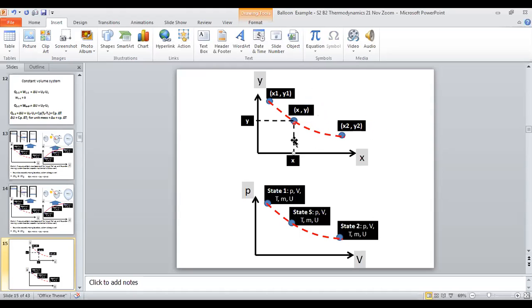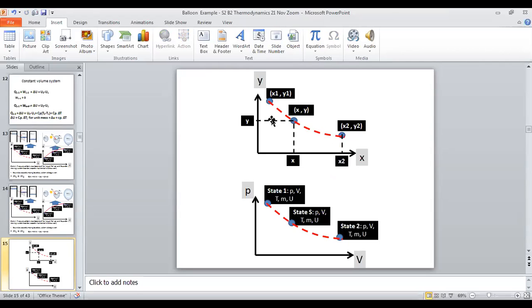So you know that this is x2 here. Obviously this is the final point. This is the final point, x2.